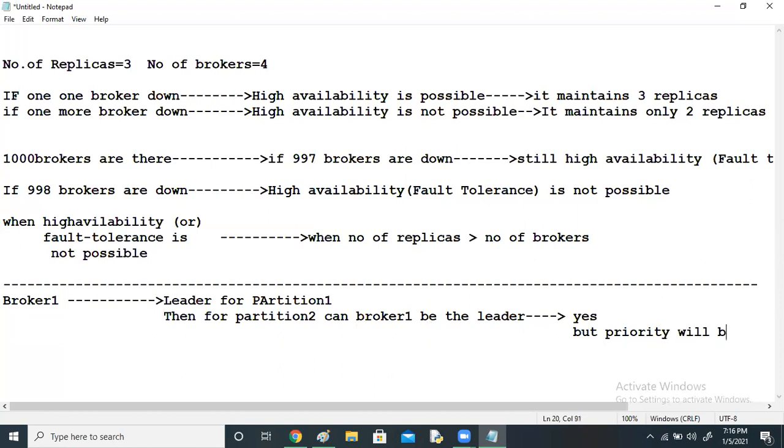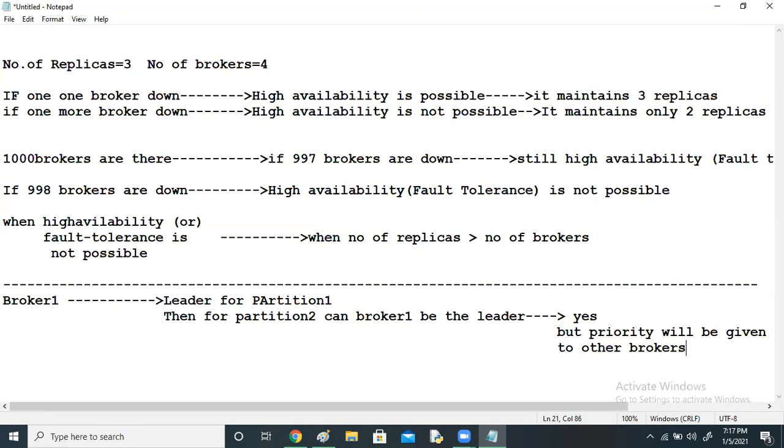Priority will be given to other brokers. If you have four brokers, and you have three partitions, you cannot make broker one the master for all three partitions.